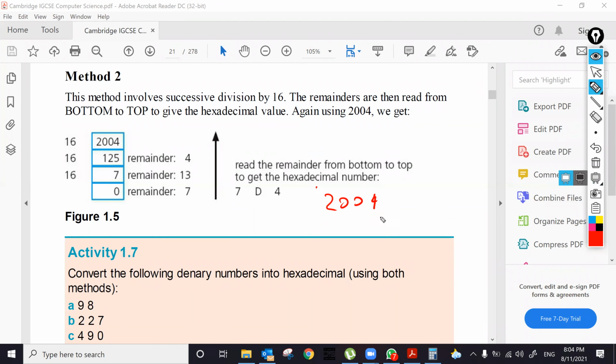So what you have to do is divide by 16, right? We have to do some workings, because without workings you can't get it straight away. So you have to do workings here.